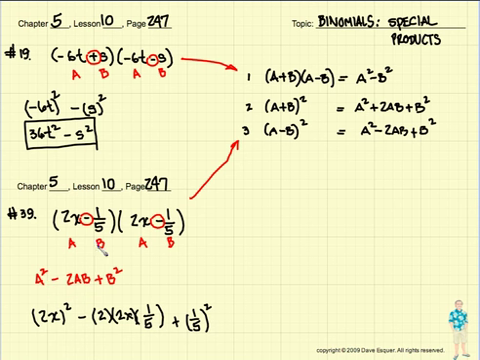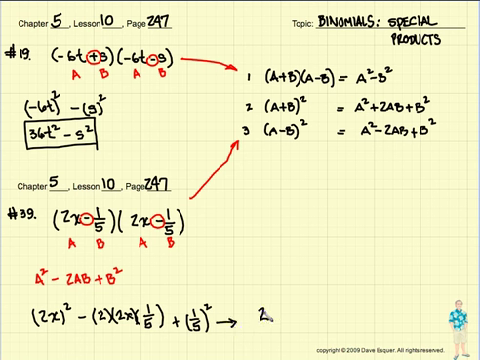Let me do that one more time. The a term is 2x, the b term is 1/5. We're going to use formula number 3. So we're going to square the a, that's 2x squared. We're going to multiply it, minus 2 times a times b. A is 2x, b is 1/5. And then we're finally going to square the last term, or that b term.